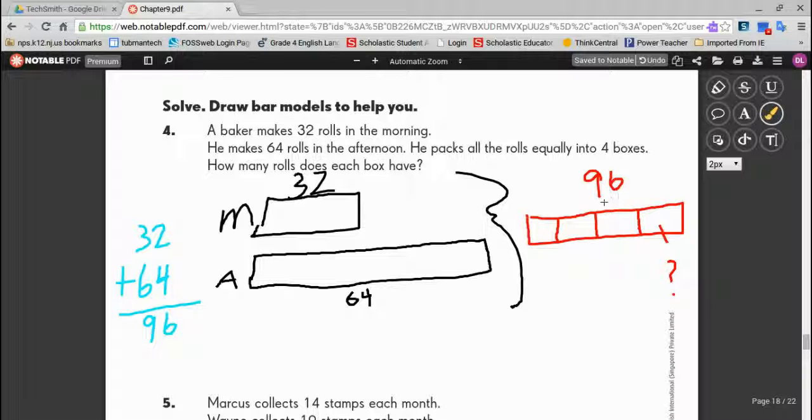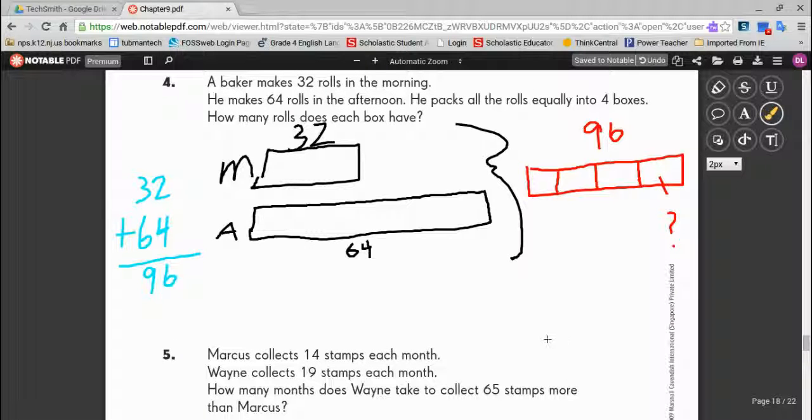Then he's going to pack the rolls equally into 4 boxes. So what I'm doing in 96 is I'm splitting it up into 4 equal boxes. And when I divide or split something up into 4 equal boxes, I'm dividing. So I'm doing 96 divided by 4. Alright. So 9 divided by 4 is 2. 2 times 4 is 8. Take that away. 9 minus 8 is 1.